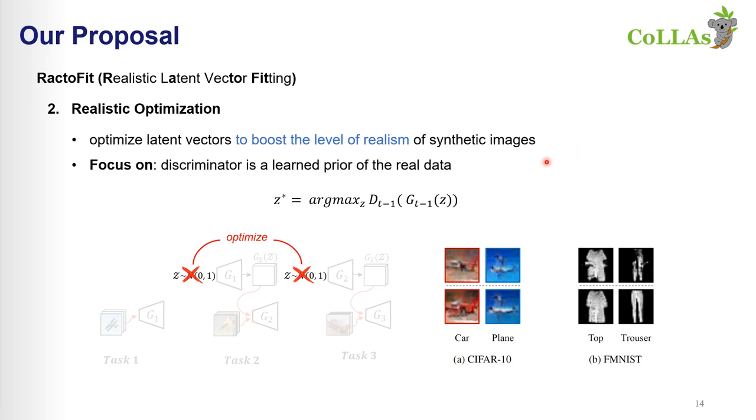Specifically, for each randomly initialized vector z, we optimize z itself for its corresponding image to get a higher score from the previous discriminator DT-1 by this equation. As you can see from the before and after results in this picture, realistic optimization is quite effective to generate more realistic and clearer images.